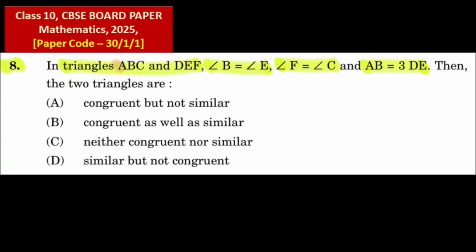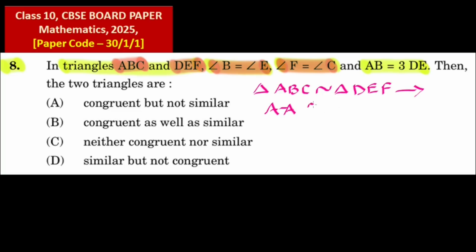Now, in triangle ABC and triangle DEF, it is given that angle B equals angle E and angle F equals angle C, which are corresponding angles of these two triangles. Since corresponding angles of two triangles are equal, we can say that triangle ABC is similar to triangle DEF by AA criteria of similarity.